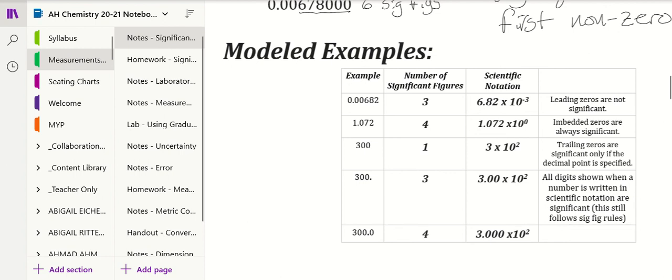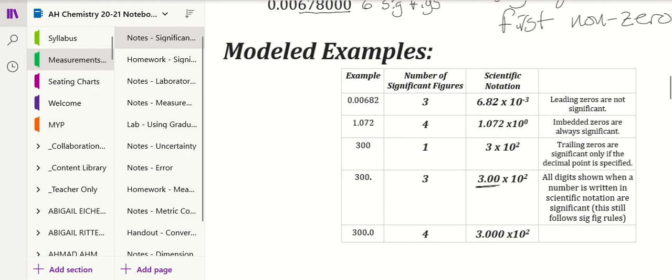300 with a decimal point shown, what does that decimal point communicate to us? That those ending zeros are significant? So it's going to have 3 significant figures. So if you wanted to write that number in scientific notation, you would need to include the 2 zeros because they are what? Significant.